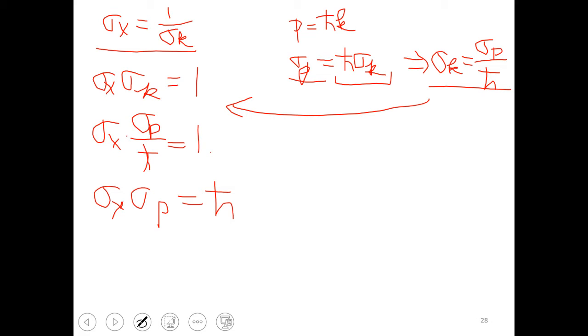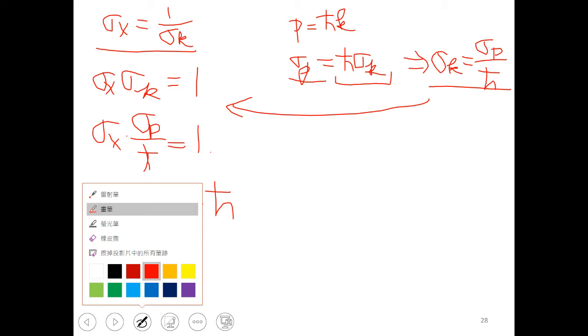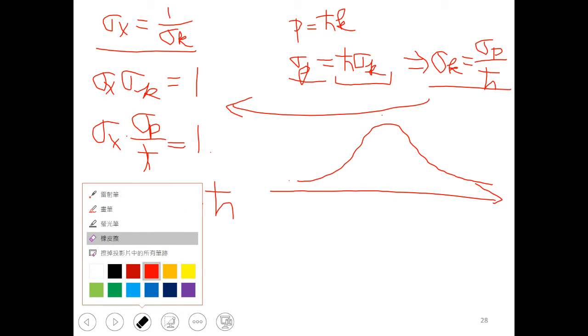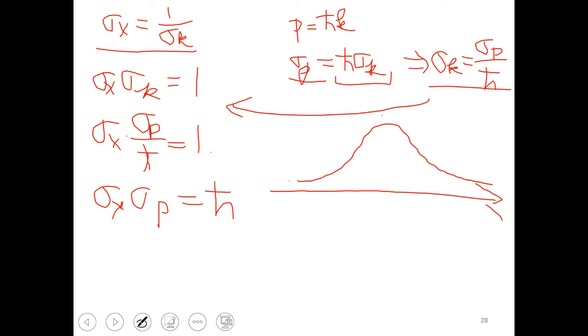So you can consider something like this in the x domain. If the particle is distributed with this distribution, for example, if the standard deviation is very large, then you get accurate information for the momentum, or vice versa.